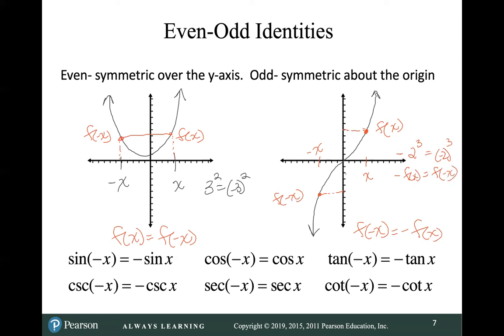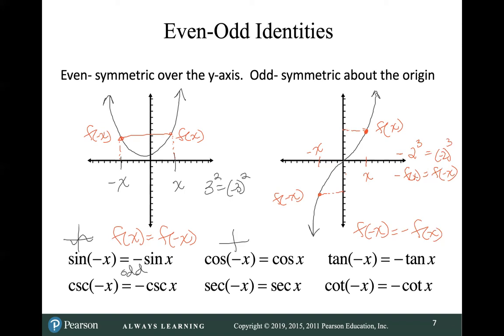Okay, so how does that relate to our trigonometric functions? Well, if we remember from the last chapter, our trigonometric functions all have this property of even versus odd. So if I sketch these real quick, we can remember that. Sine, like this, is odd, which means that cosecant is also odd.